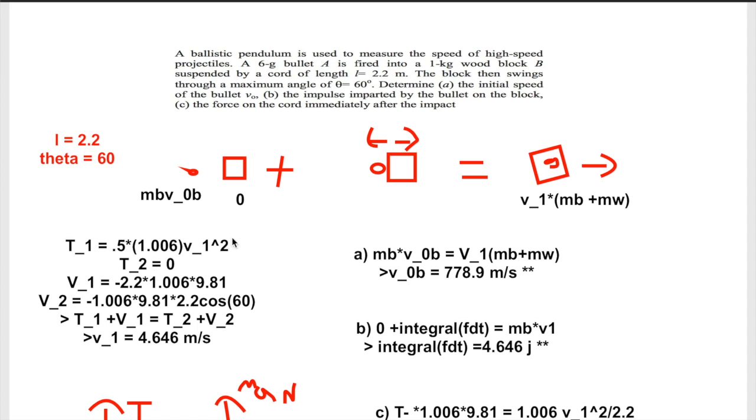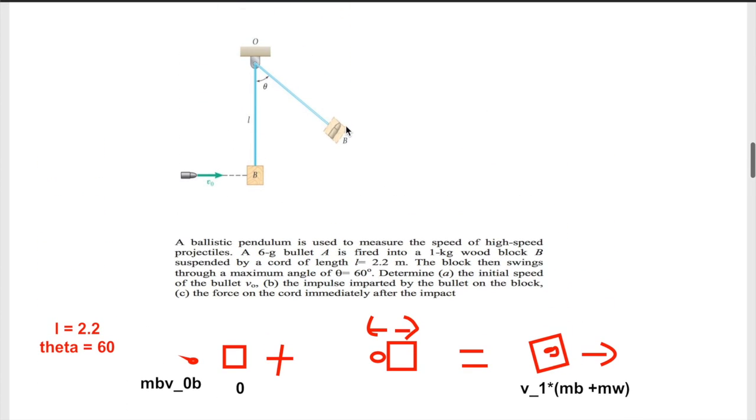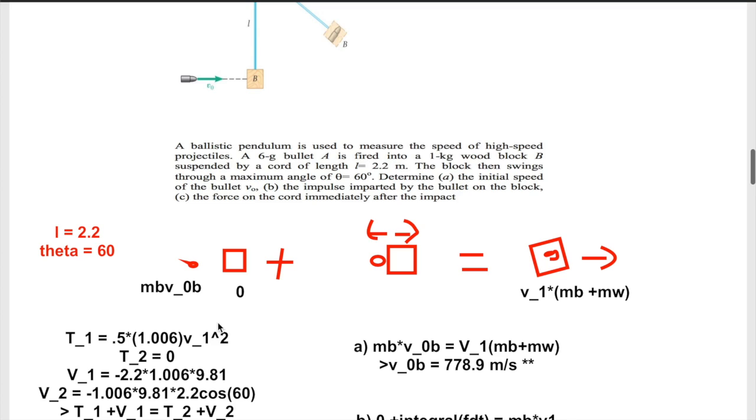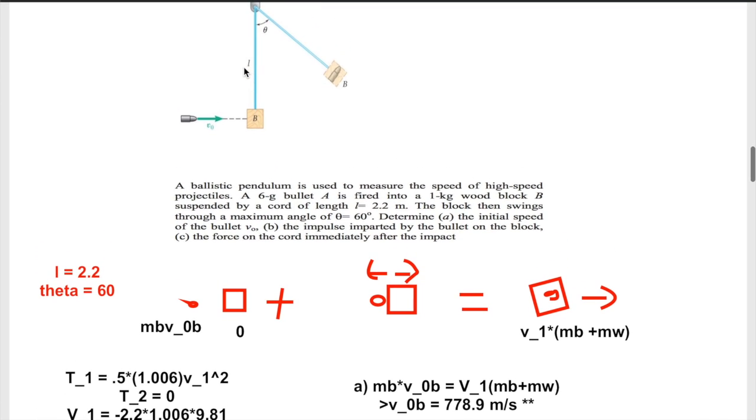We know that at T2, once it's at the top of the swing, the kinetic energy is 0. The potential energy at position 1, given that this is our initial point, would just be negative 2.2 times the mass times the force of gravity.